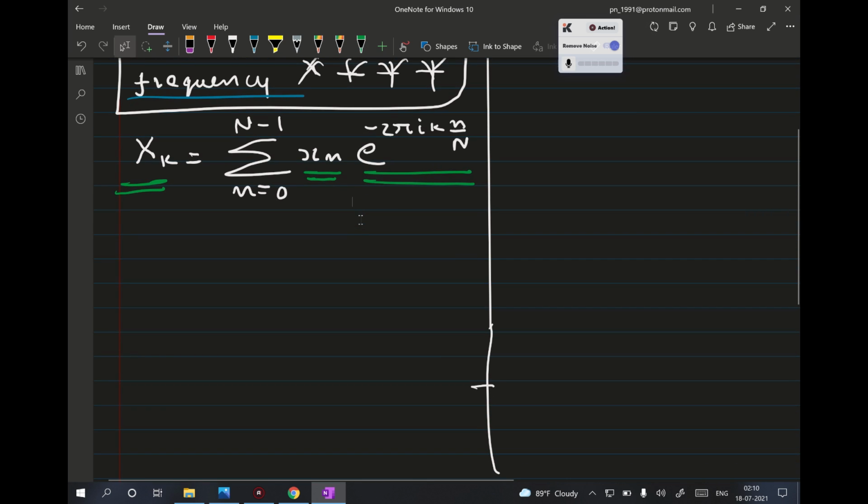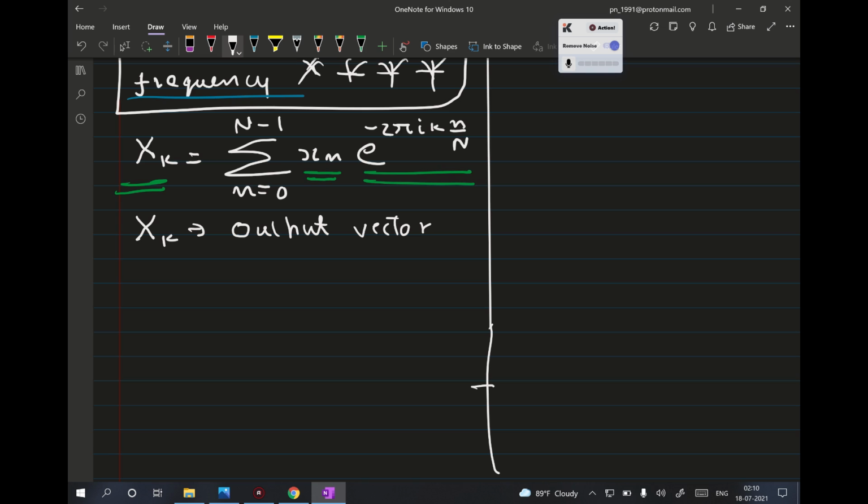So what are these 3 terms? Capital X_k is my output vector. This is what I want after the transformation. This is what the result is. Small x_n is my input. This is what I am supplying to get the desired output.